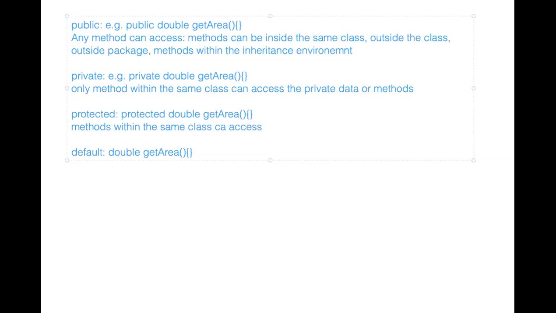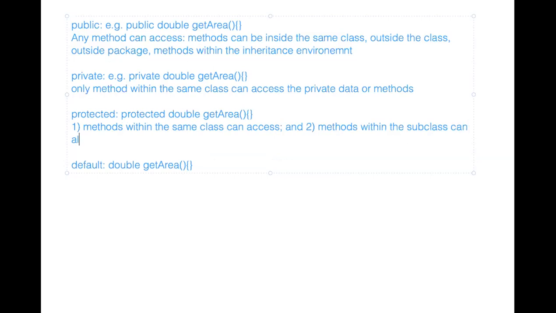Okay, so this is the first. So protected is like private, right? It's the same as private. So methods within the same class can access, but it has another one: the methods within the inheritance relationship. So the methods within the subclass can also access.